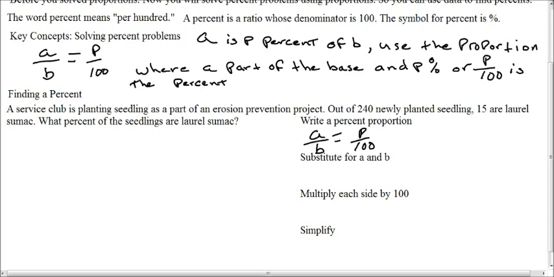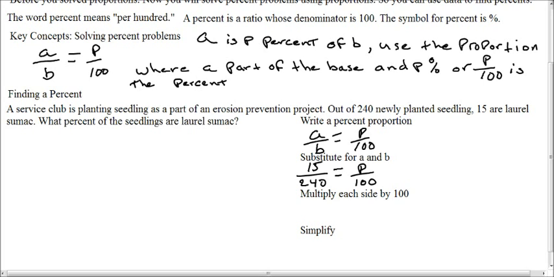Now we want to substitute A and B. So we know that A is literally 15. So we substitute 15 for A, and B, since A is only part of what they actually planted, the total amount they planted was 240. And here will be the other ratio, which is P over 100.